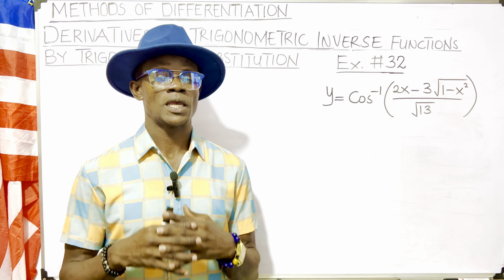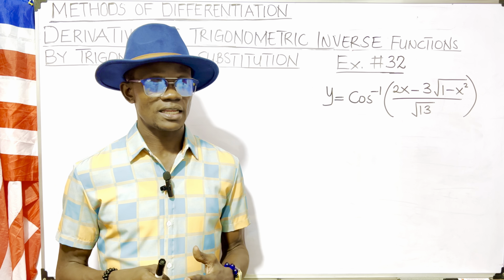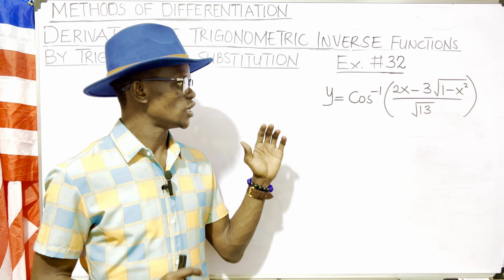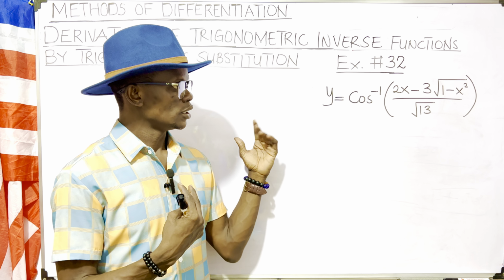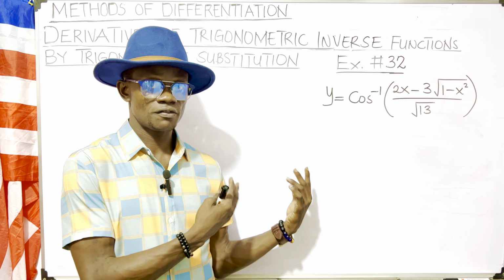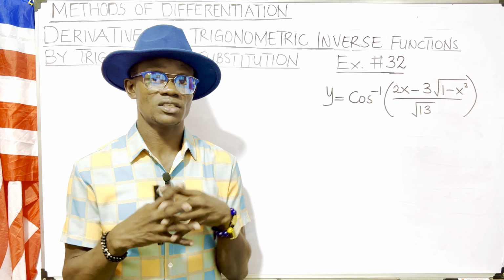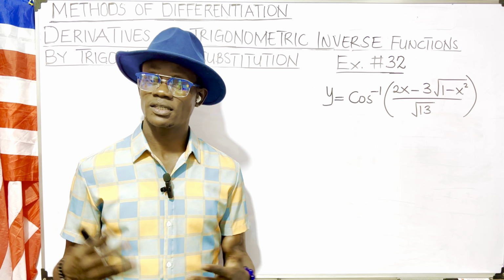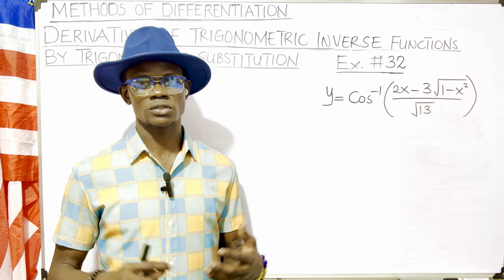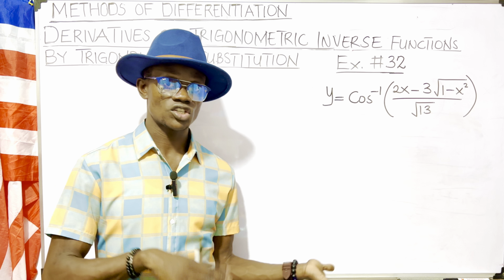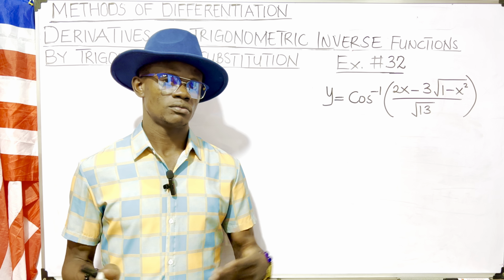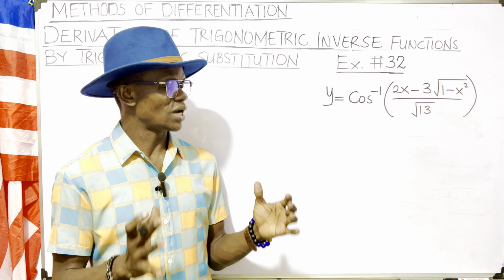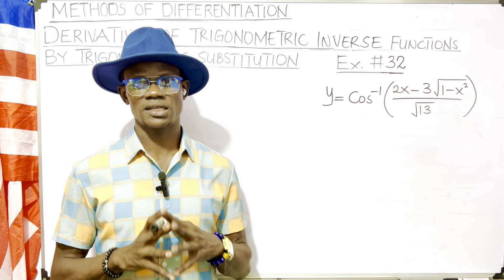Also, one basic thing you need in order to deal easily with this method is understanding the trigonometric identities. At least those basic identities like the half angles, the double angles, the sine of a sum, cosine of a sum, and difference identities.